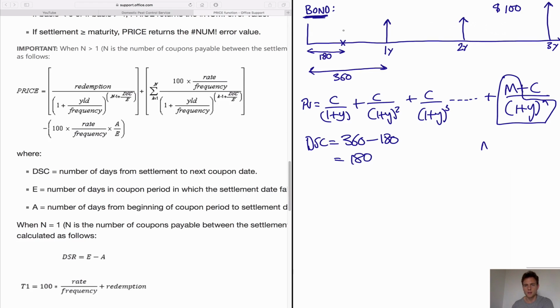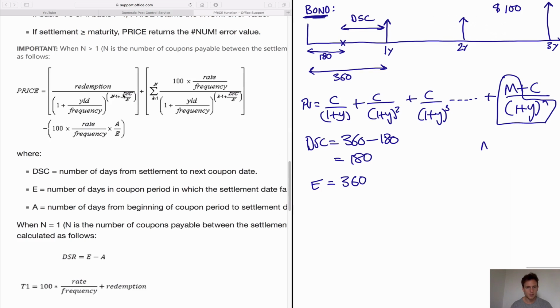So that's this period here. This is the number of days, DSC. And then E is the number of days in the coupon period. So E is 360. Okay.